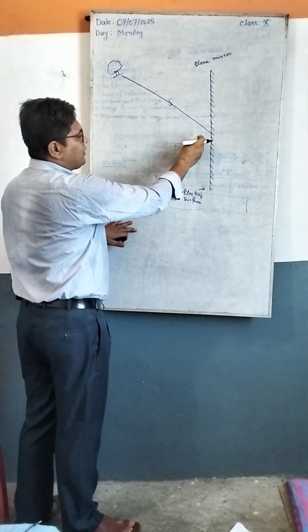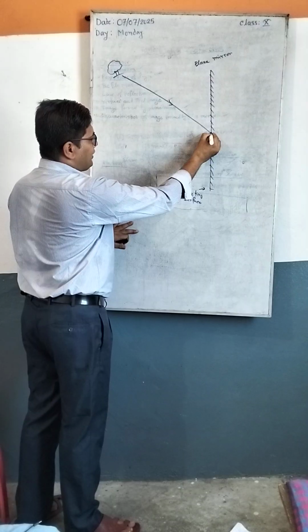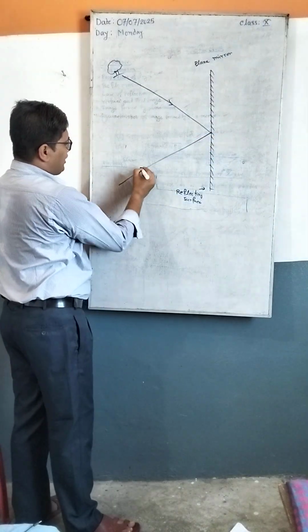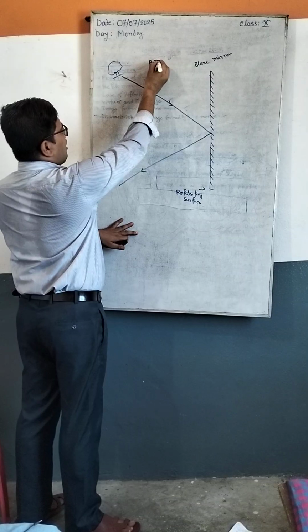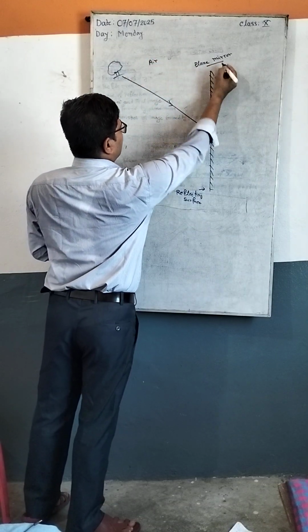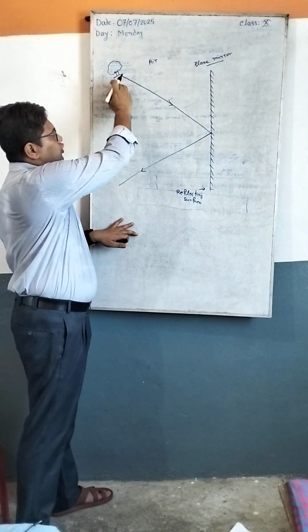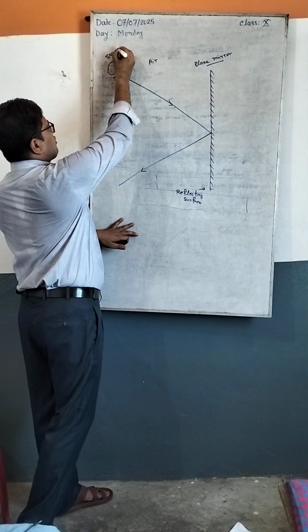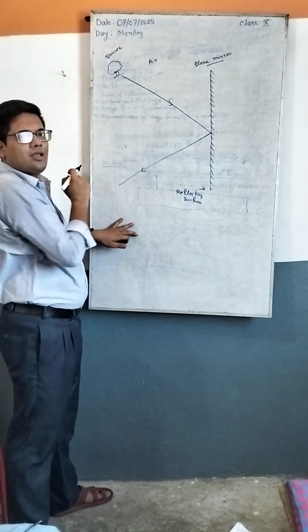After it strikes, the light returns back in the same medium. It is the air medium, and that is our mirror medium. The light comes from the source, strikes the plane mirror, and comes back the same way.